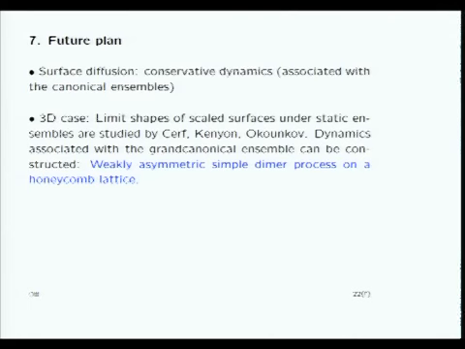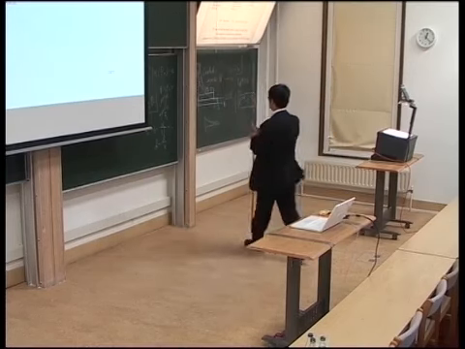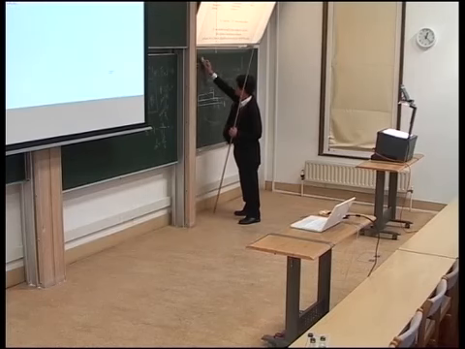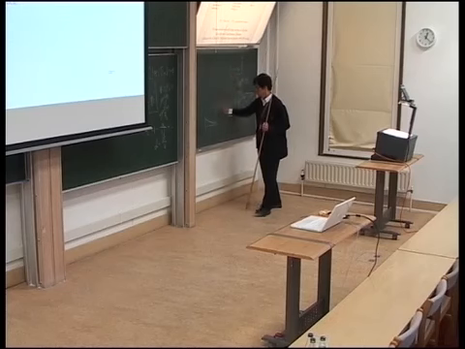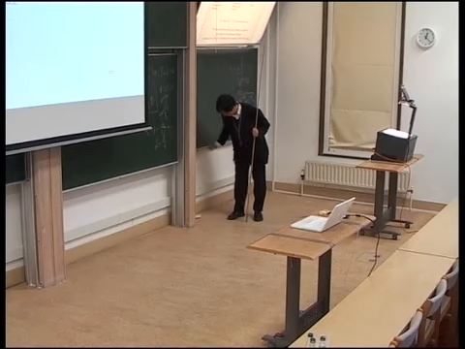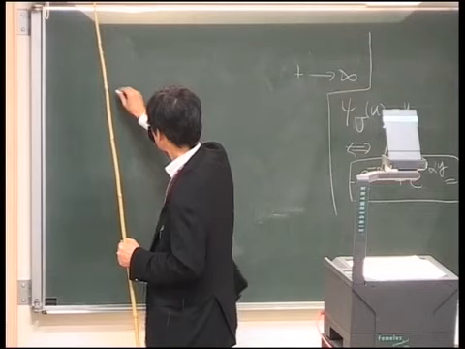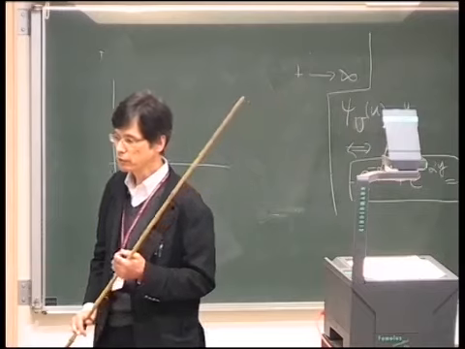So finally, the future plan. I am just now doing the surface diffusion case. That is a conservative dynamics. In my talk today, each unit square may appear with rate epsilon and disappear with rate 1. That corresponds to the grand canonical measure.